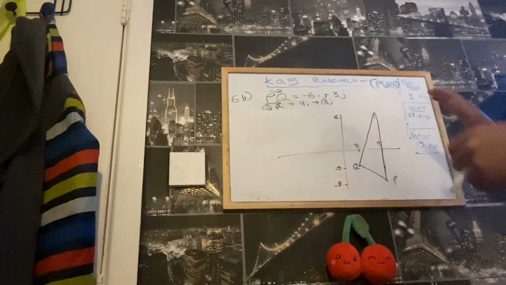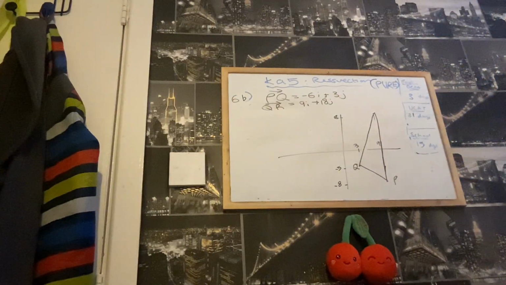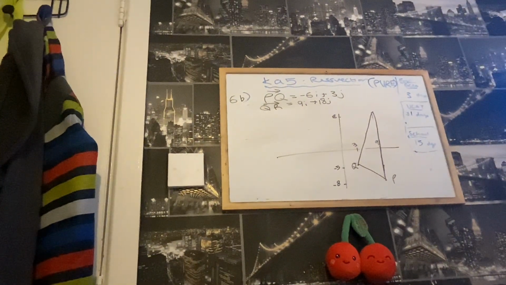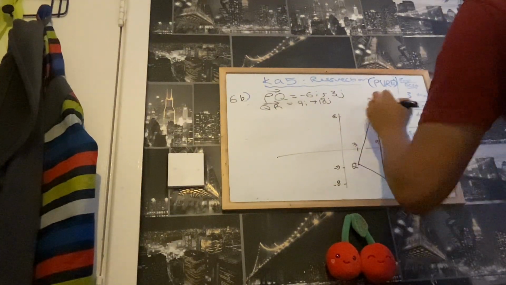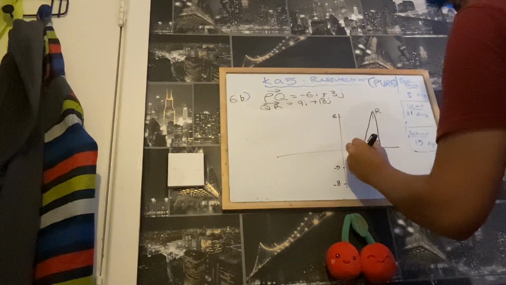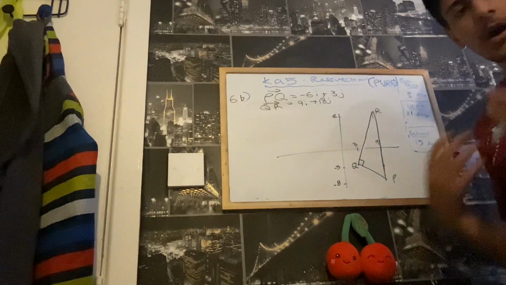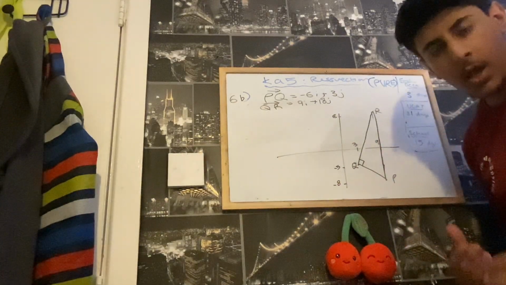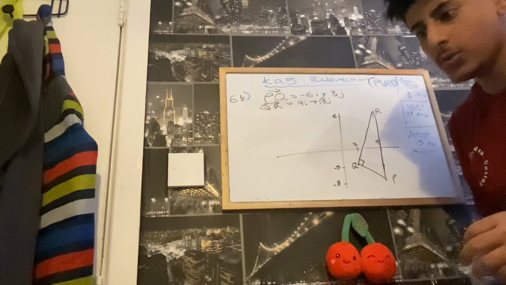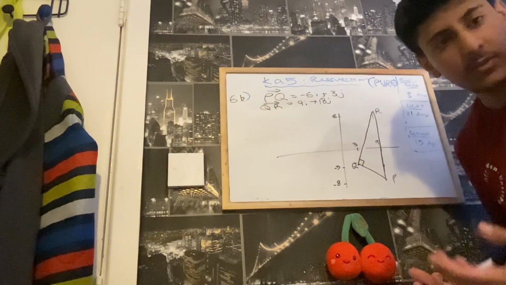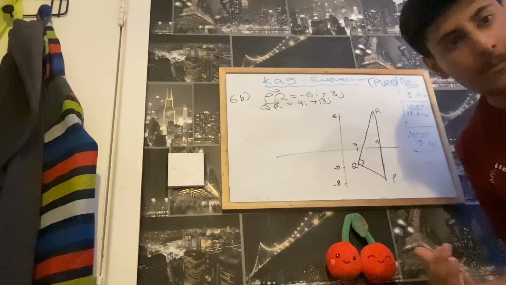Right. So it's telling us that PQR, so this is R, PQR forms a 90-degree angle. Now, 90-degree angles, well, one of the things that works with 90-degree angles is Pythagorean theorem, right?